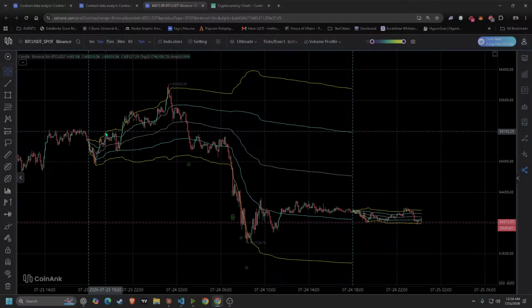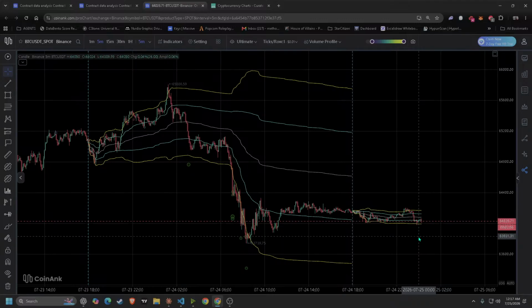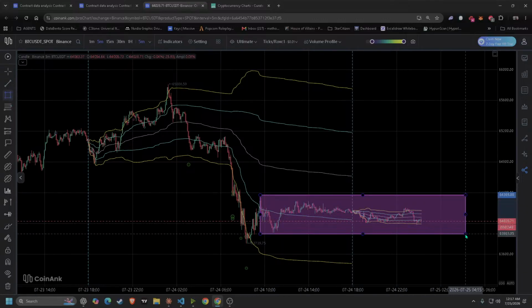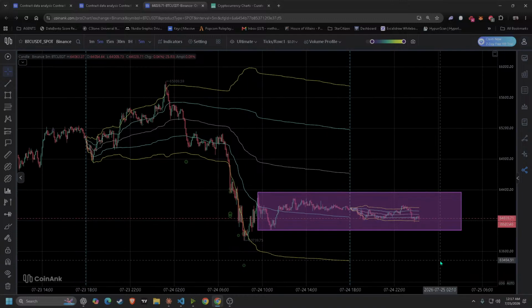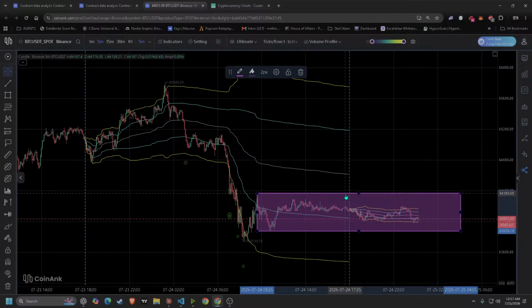Crypto, man, it's just fighting right now. So we're in this zone. Paired all of this, I mean, kind of bullish.